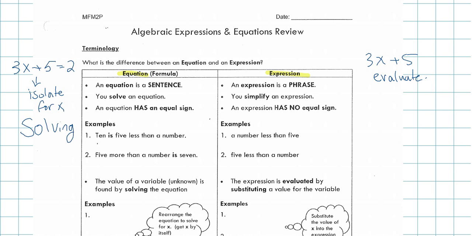So let's look at these two different examples of a sentence and a phrase. So 10 is 5 less than a number. How can I write this as a mathematical equation? 10 is 5 less than a number. x minus 5 equals 10.